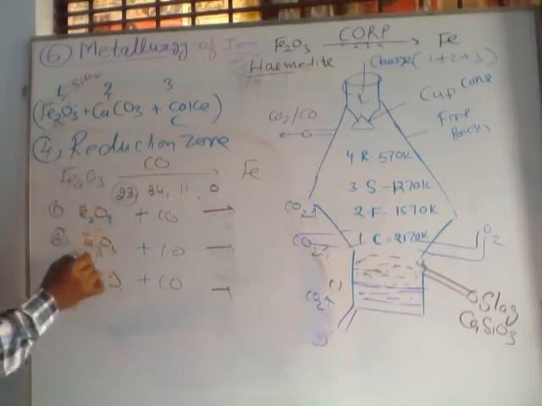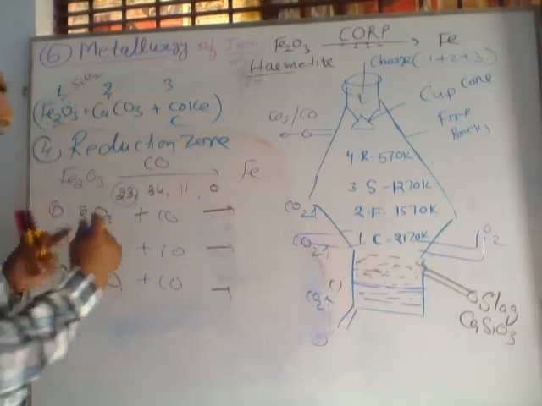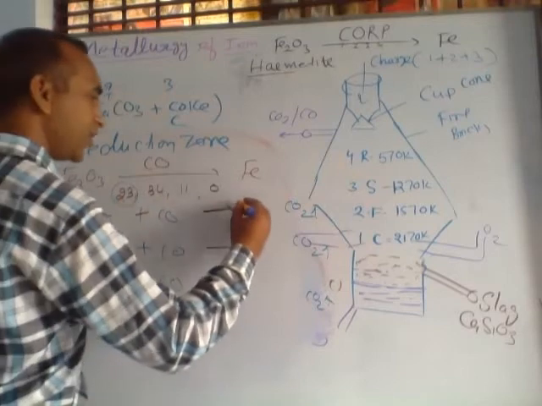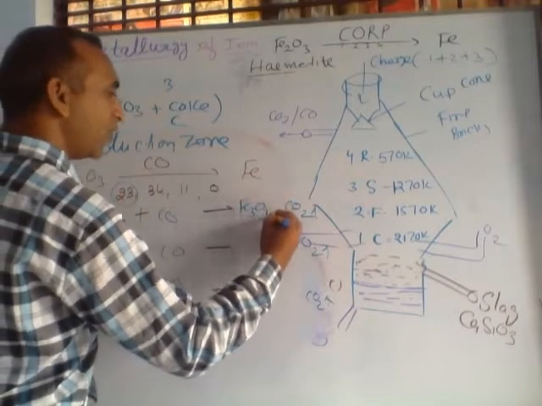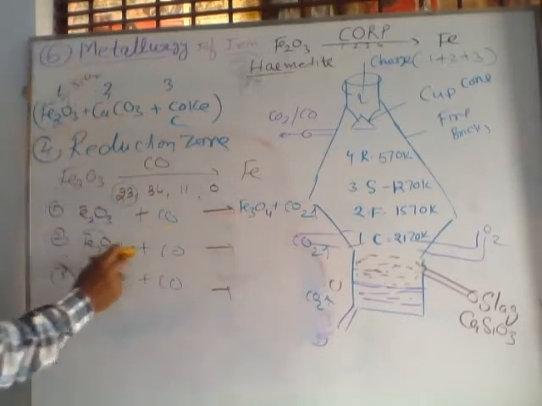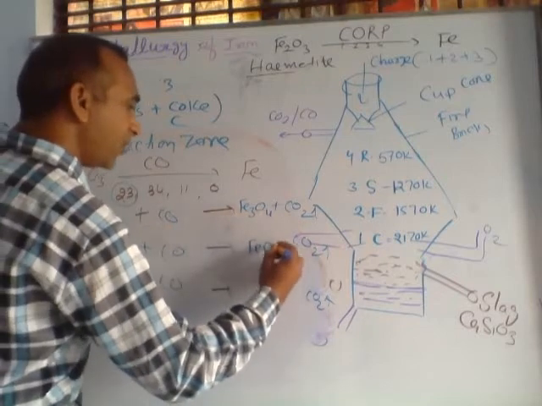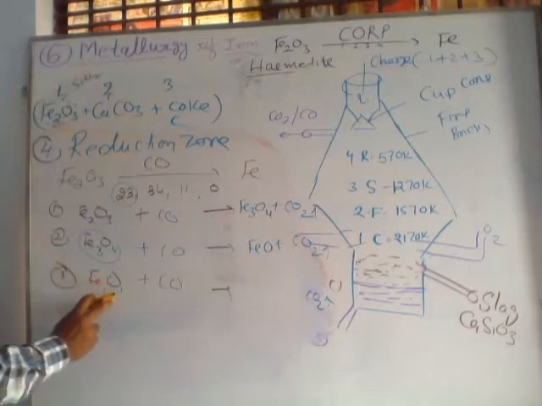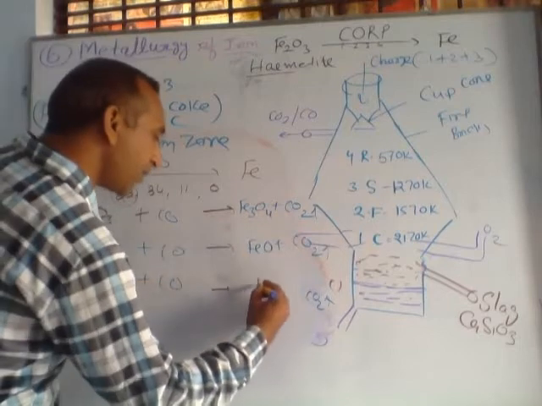So this is the mixture of these two. After the reaction, CO reacts with this and gives Fe3O4. Here it again reacts to form FeO, and at last ferrous oxide is reduced by CO to Fe.